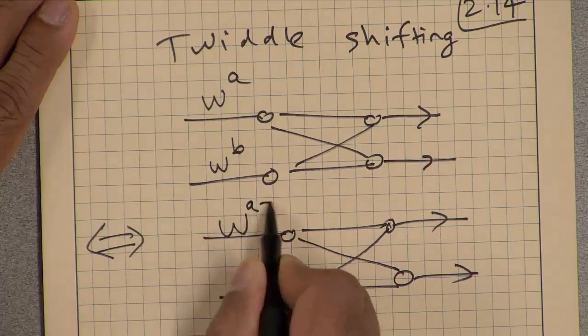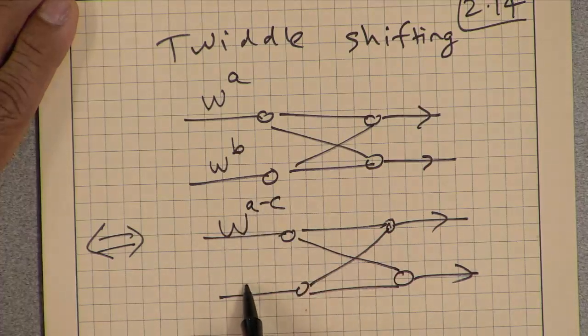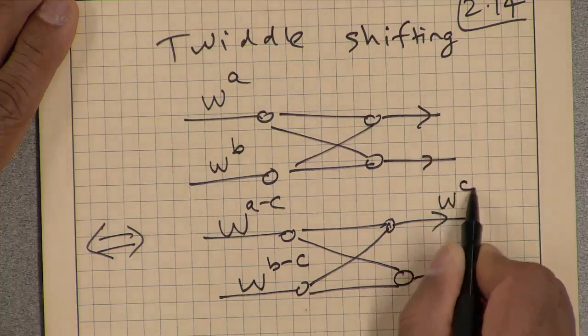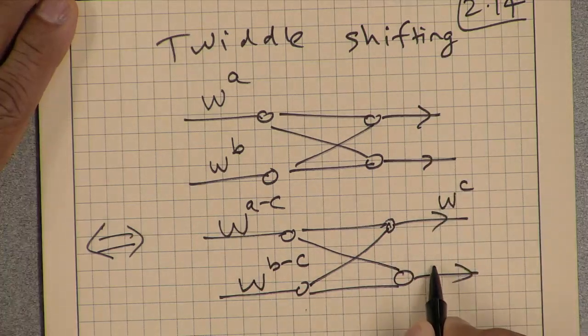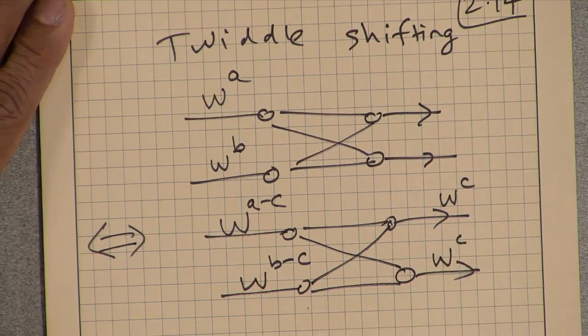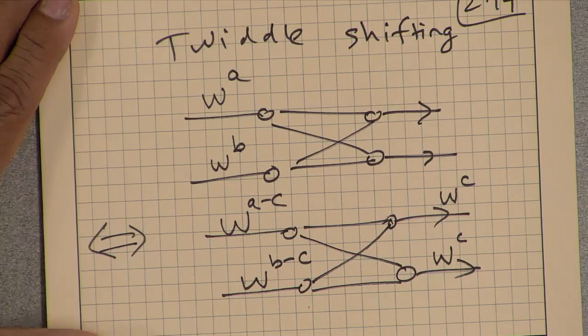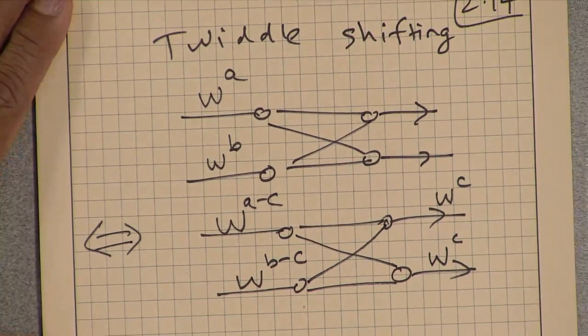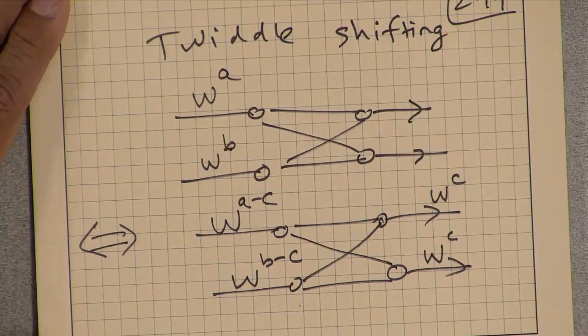So if I move w to power c to the right, this becomes w to power a minus c, b minus c, and to the right we have c. That's called the twiddle shifting property. This is another way to get equivalent DFTs, and I'll talk a little more maybe next class.